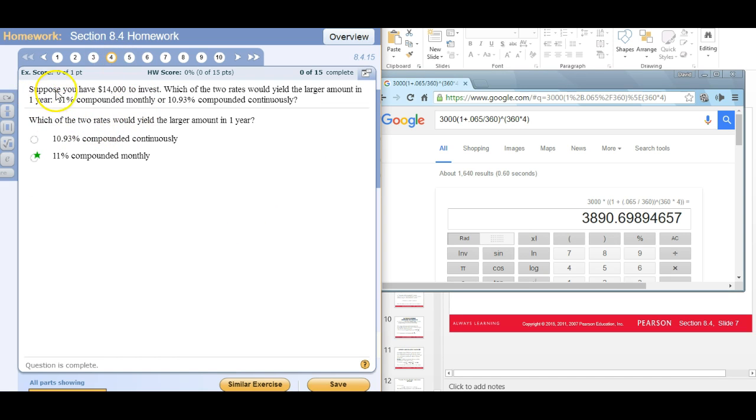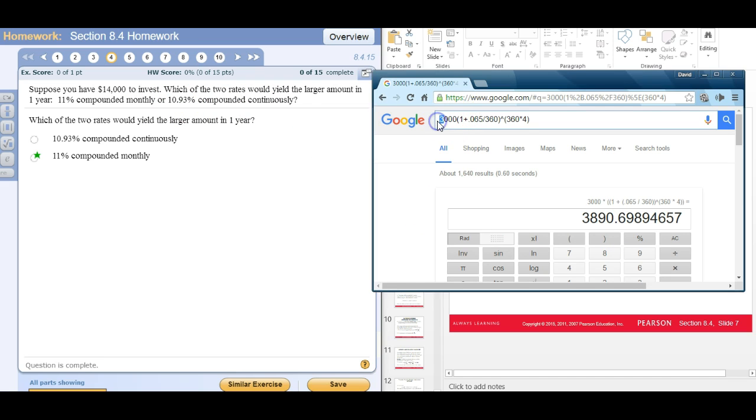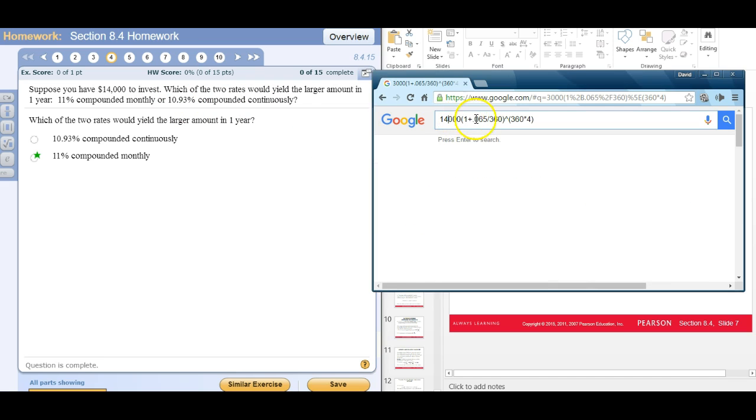Alright, same thing. Suppose you have 14,000 dollars, which of these two would yield the larger amount in a year: 11% compounded monthly, or 10.93% compounded continuously. So if I take the 3 and change it to a 14, plus 1.065, let's see, it's 11%.